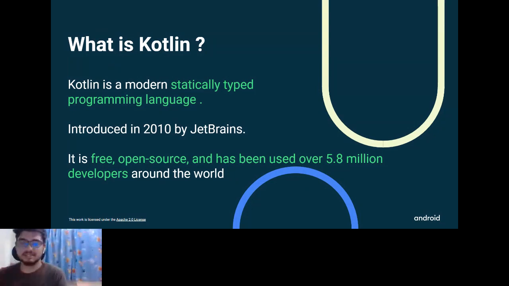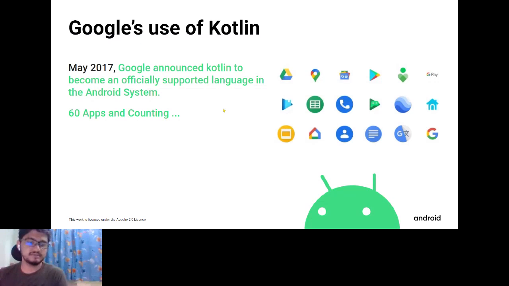There are many reasons why many companies are shifting to Kotlin, one of which is Google itself. Around May 2017, Google announced Kotlin to become an officially supported language in the Android system. You can see these many apps on your screen, and not only Google, even Zomato and companies like Flipkart are using Kotlin as a programming language.